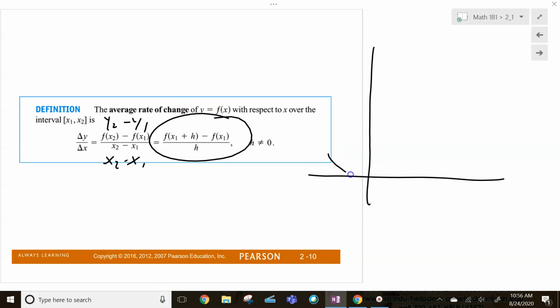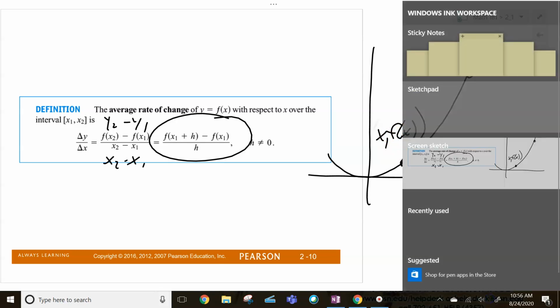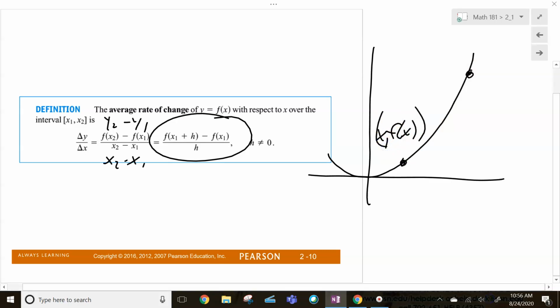If I have here to here, this is my x, f of x. And if I go out a distance h, so now I'm at x plus h, whatever that is out here. I'm just going to call it x plus h distance.